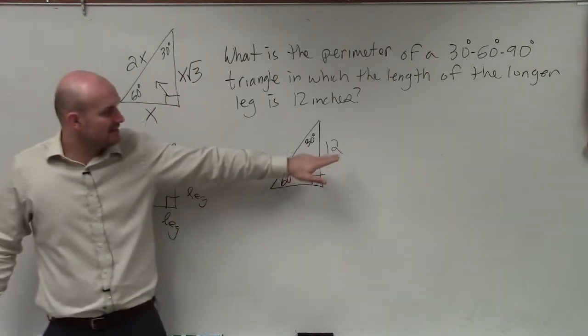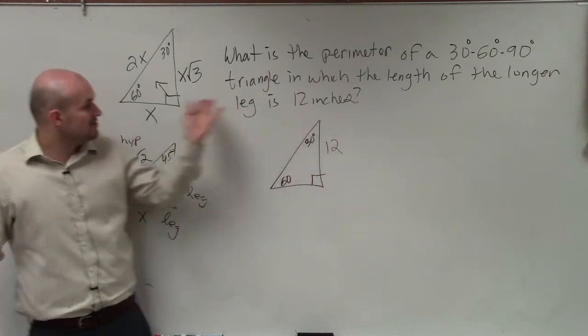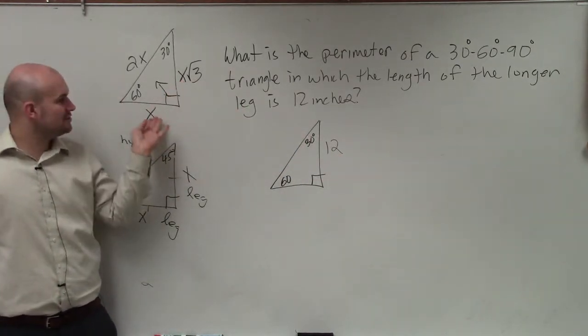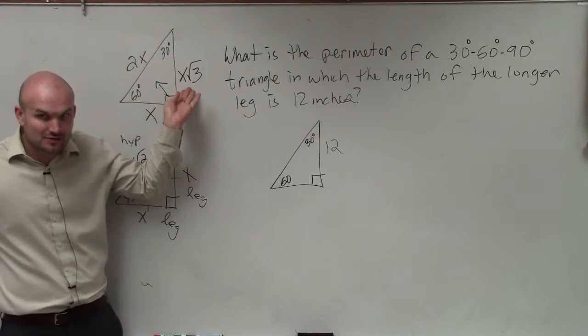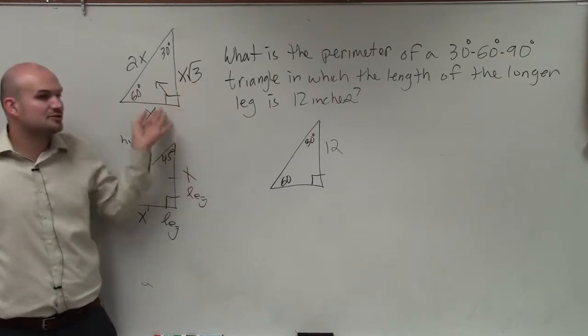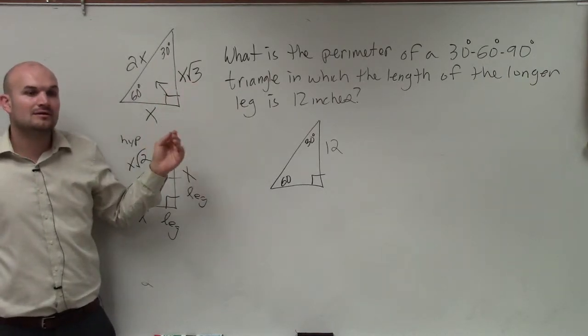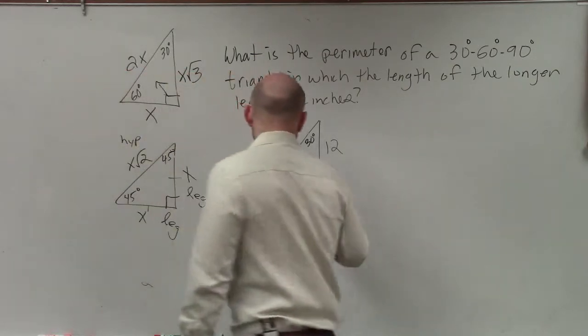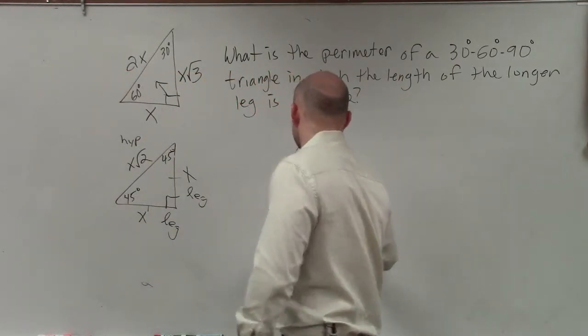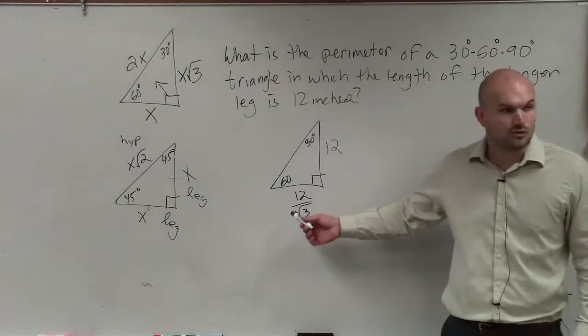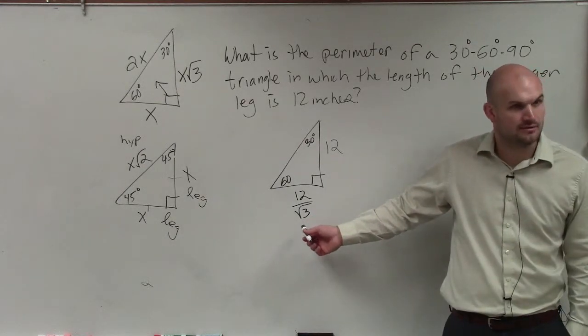But now we say the long leg is 12. To go from short leg to long leg, you multiply by square root of 3. So to go from long leg to short leg, you'd have to divide by square root of 3. So would it make sense that the short leg then is 12 divided by the square root of 3? Would that make sense?